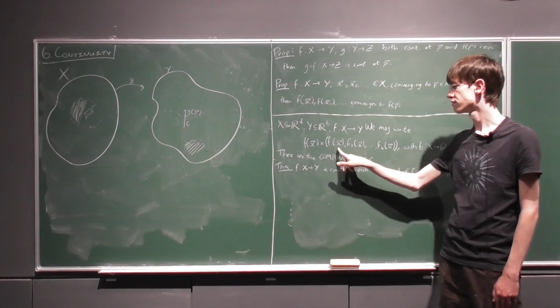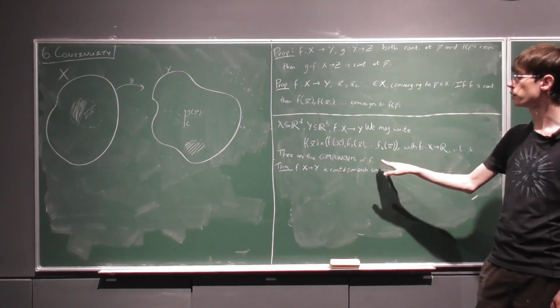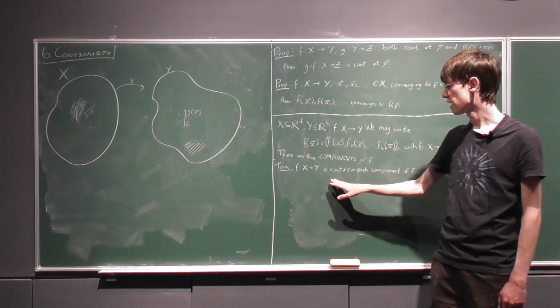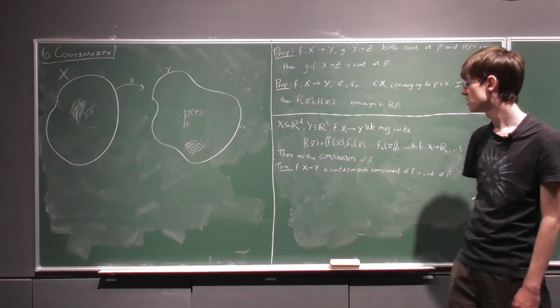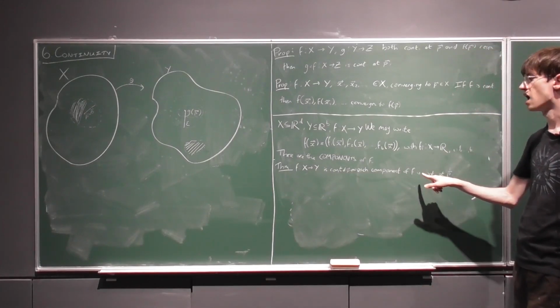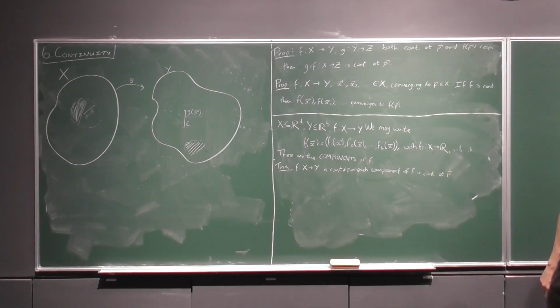Each one of these f1, f2, fb are the components of f. And if f maps from X to Y, checking continuity at p is completely equivalent to checking the continuity of each component fi at that point p.